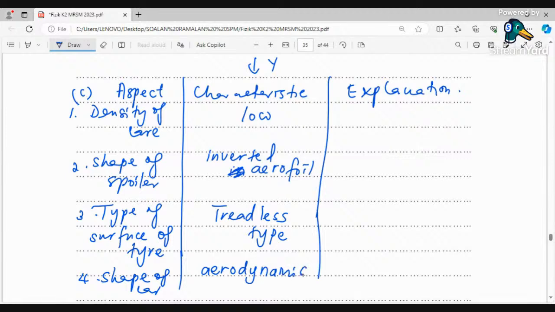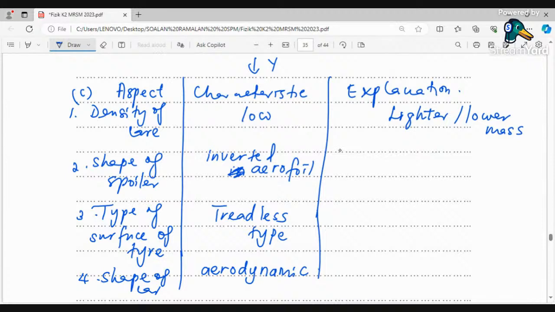Bukan aerofoil, aerodynamic. Ini untuk overcome water air resistance. Okay, explanation. Density low, you boleh tulis lighter ataupun lower mass pun boleh.